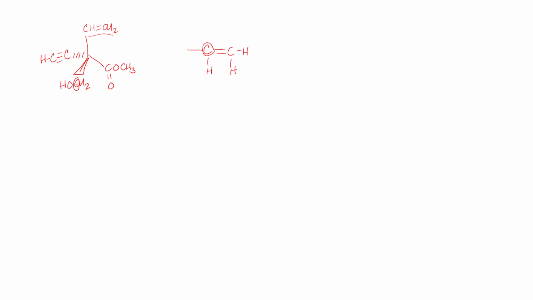The reason I have to come up with what's called an equivalent structure is because I can't compare the 3 groups to the 4 groups here. So I'm going to write that exact structure out, only I'm going to leave out the double bond.